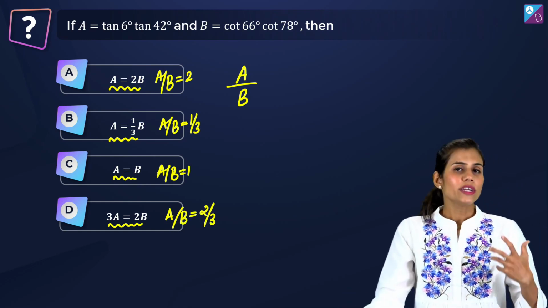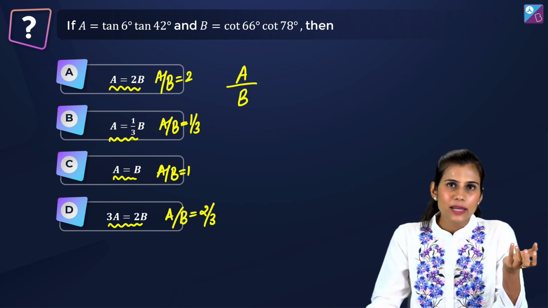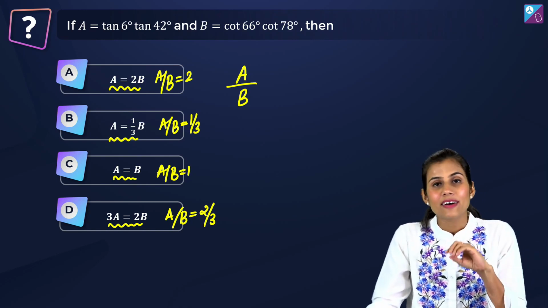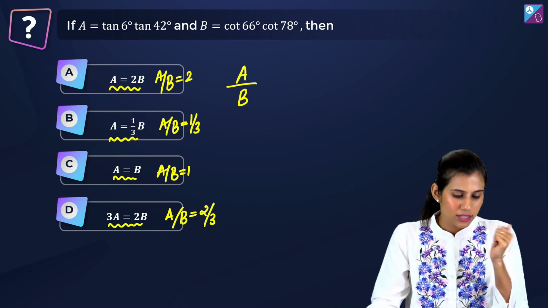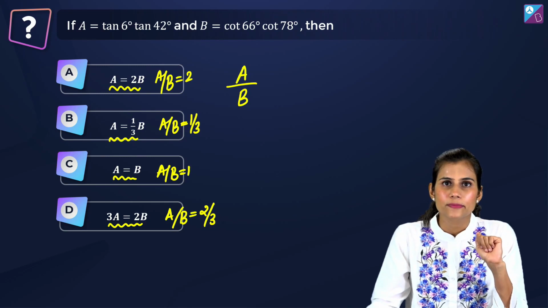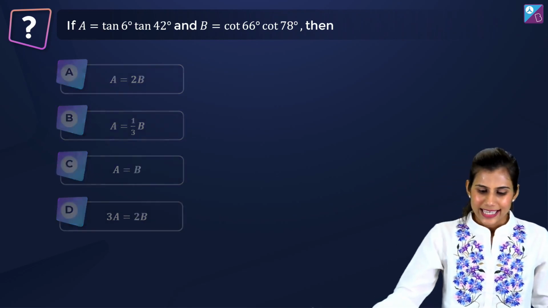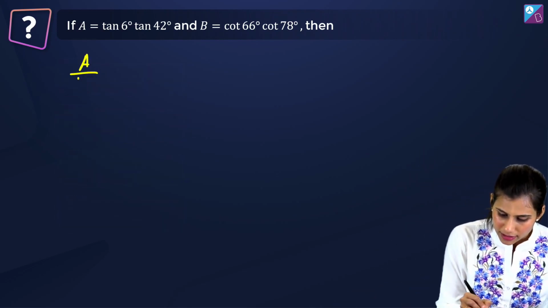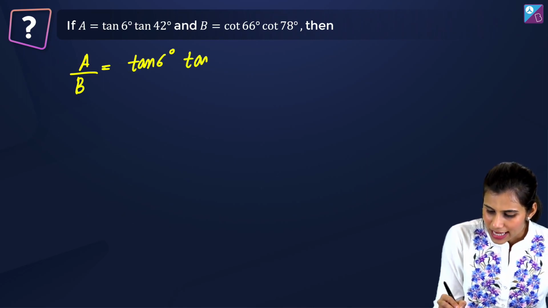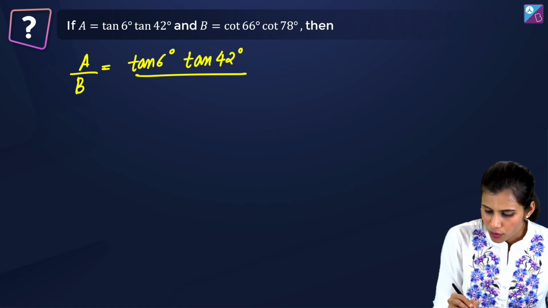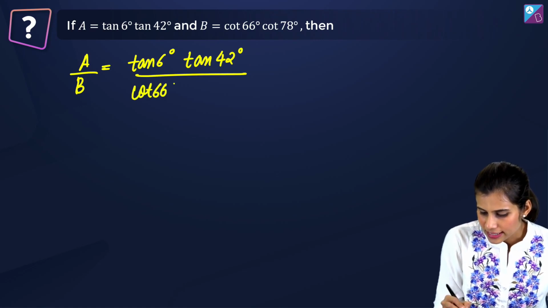So we are not going to actually fetch the values of A and B. We will rather compute the value of A by B, and accordingly mark the right answer among the four options. So let's start. What is A by B? This should be simple. Tan 6 degrees into tan 42 degrees upon cot 66 degrees into cot 78 degrees.